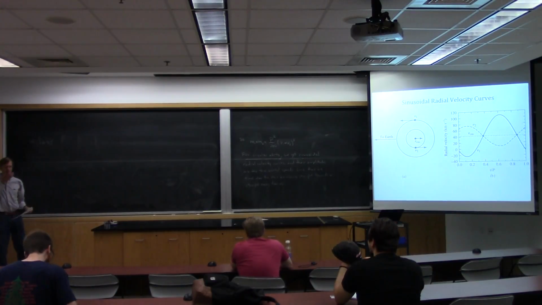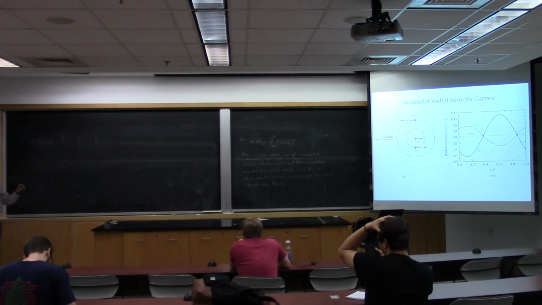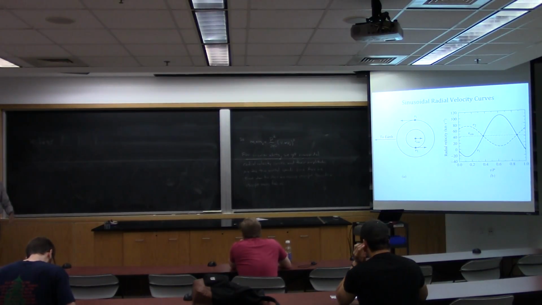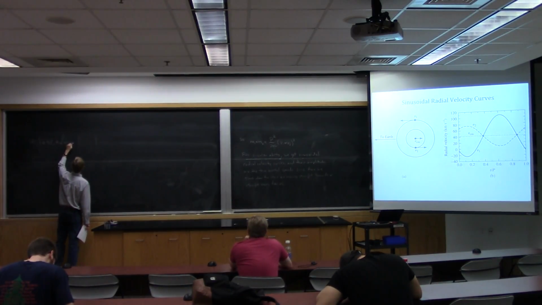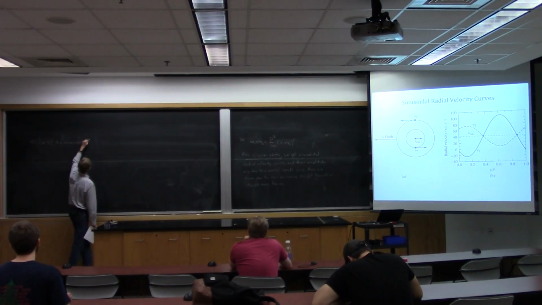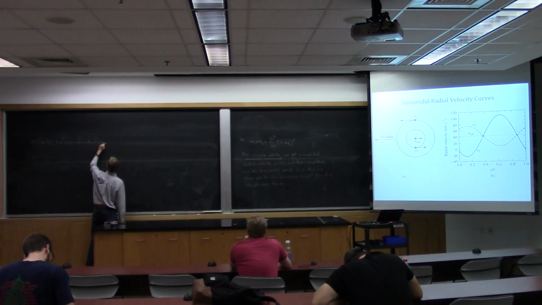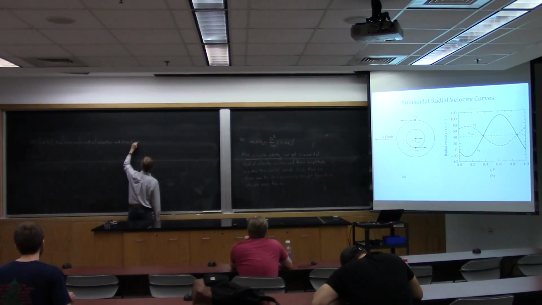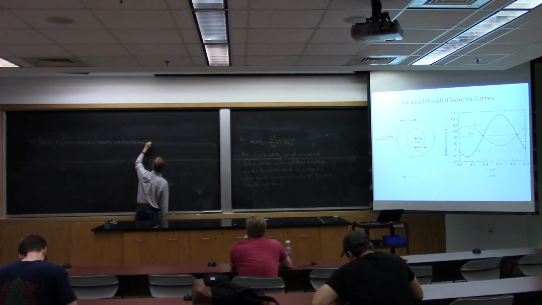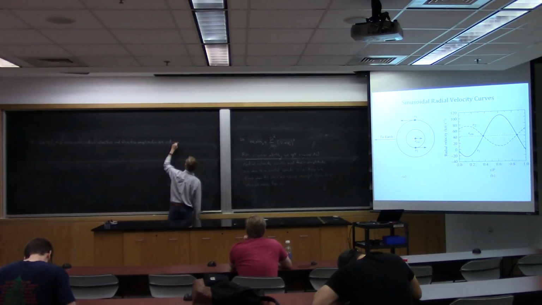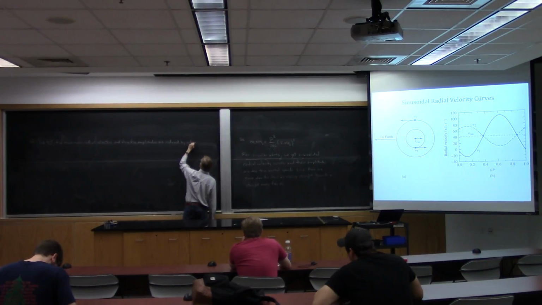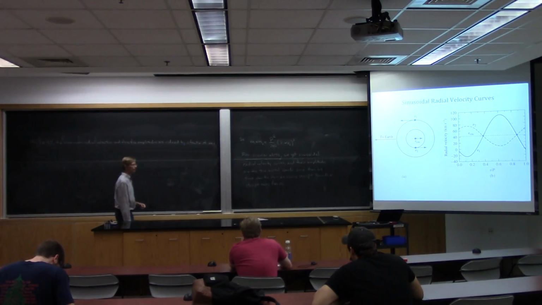If I isn't 90 degrees, if there's some inclination there, well then the maximum velocities are reduced by that factor of sine I. The maximum radial velocities, and thus the amplitudes, are reduced by a factor of sine I, by the inclination.